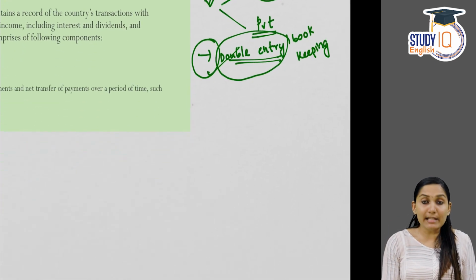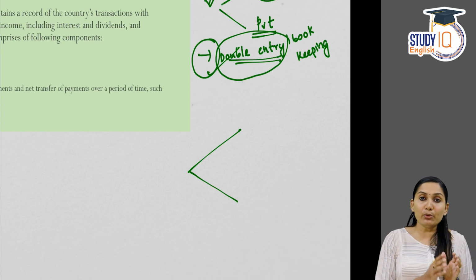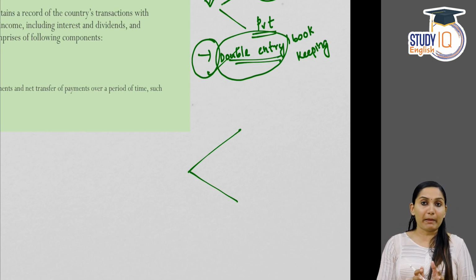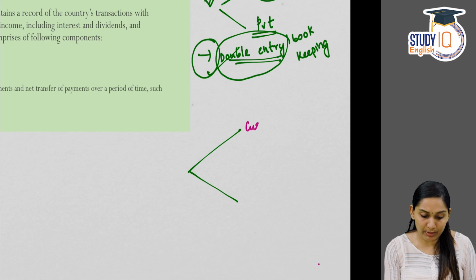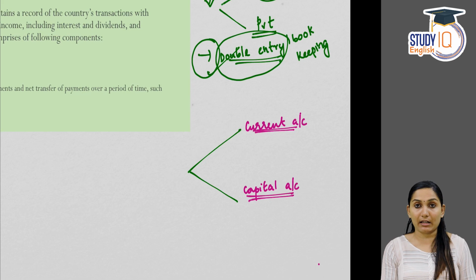Now, balance of payment has two major components. One is the current account. The second one is the capital account. So there are two components in a balance of payment, current account and capital account.